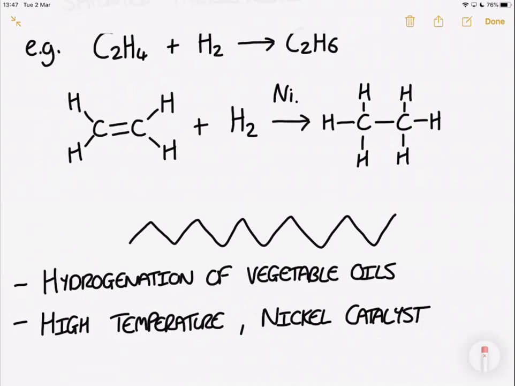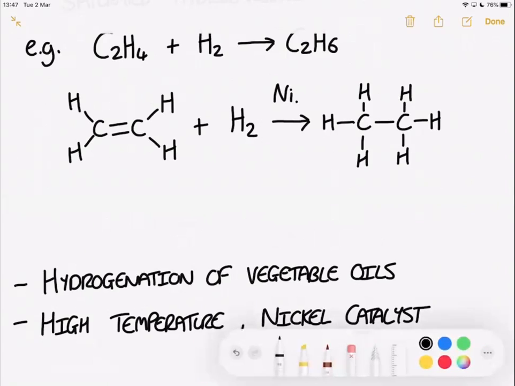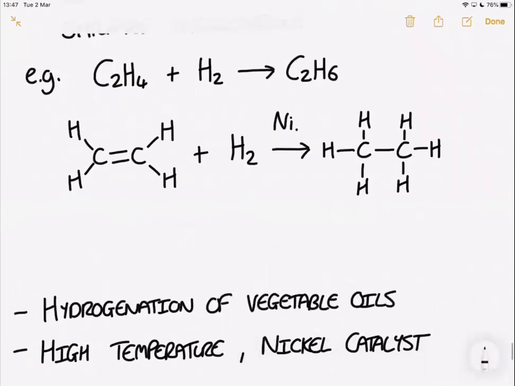Or at least it's a vegetable oil converted into a more solid form. That's the only reason we might want to know about this, right? So that's useful from an industrial, food science perspective. But like I said, with short alkenes, you probably would never bother doing this reaction, even though it's easiest to view them. The easiest thing to do for me is always to draw ethene and look at it.